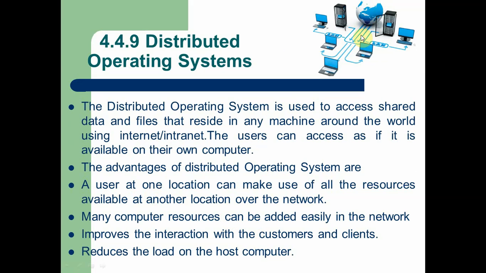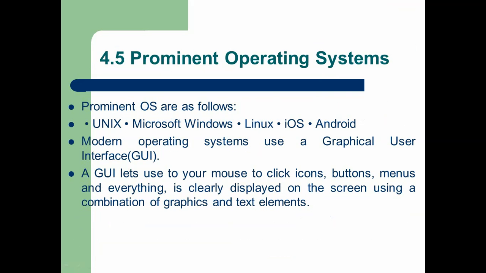Here in the diagram, you can see many computers connected through a network, internet, intranet, or LAN. Then all systems can access the devices connected with each and every computer through the internet. The operating system used by the systems is stored in a single computer. This type of operating system is called a distributed operating system. Through this operating system, all systems can access all the devices, hardware, or application software.